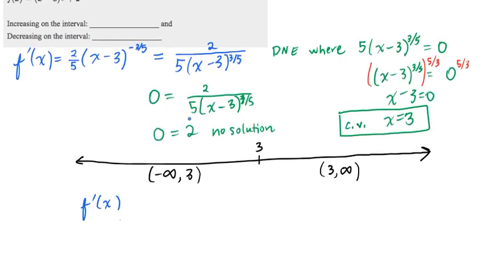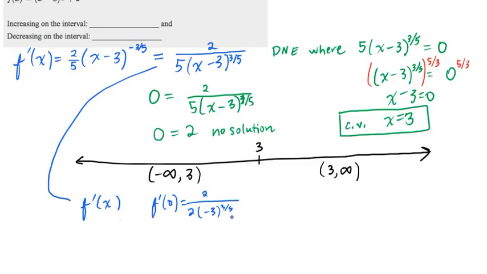So I'm going to plug into this version of f prime right there, and we need to just pick a test value in between negative infinity and 3. Anything in there will work. I'm going to go with like 0. So if I take f prime of 0, I'm going to have 2 over 5 times (0 minus 3) to the 3/5, which is negative 3 to the 3/5.